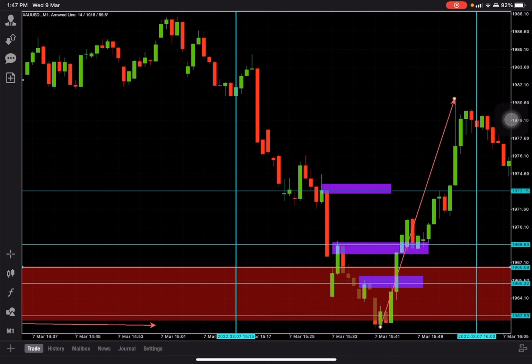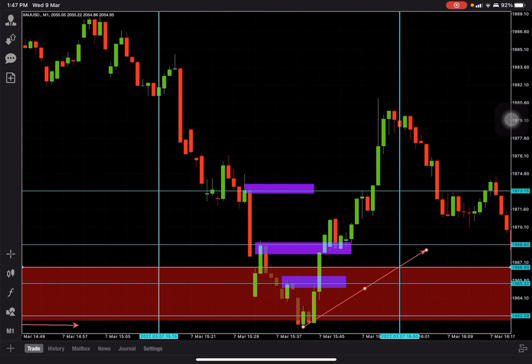So if it has already broken 200 pips, it might not go back to the first zone, so you can take the second zone as your buying spot or buying price, meaning 1968 you can buy here.